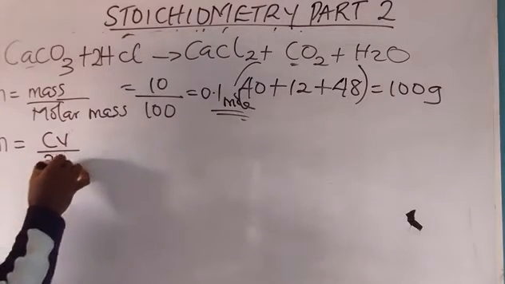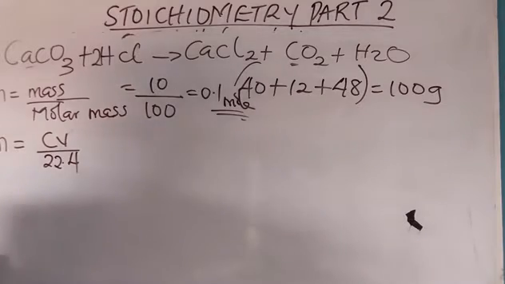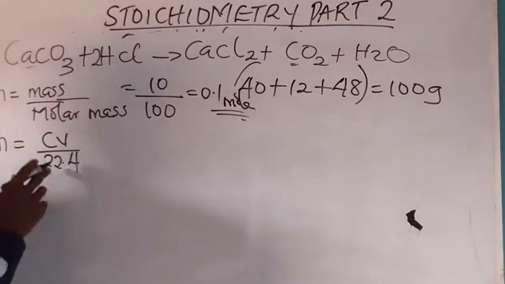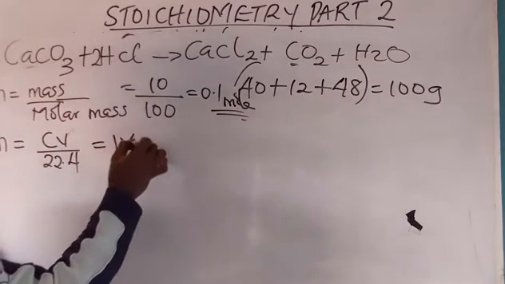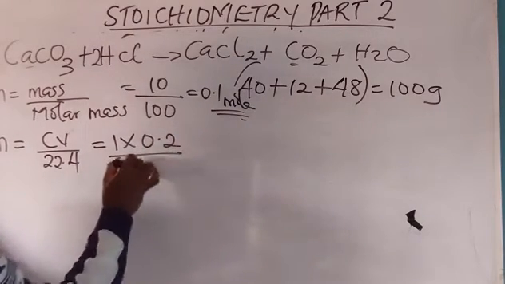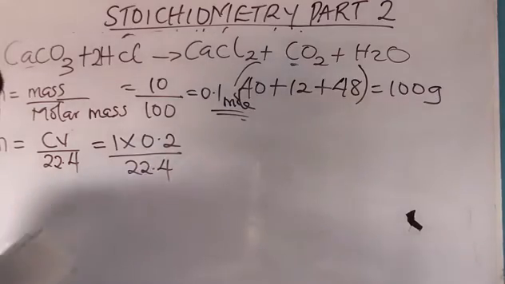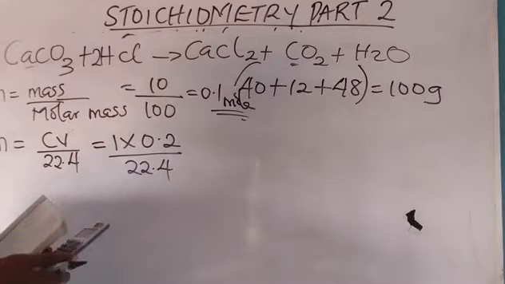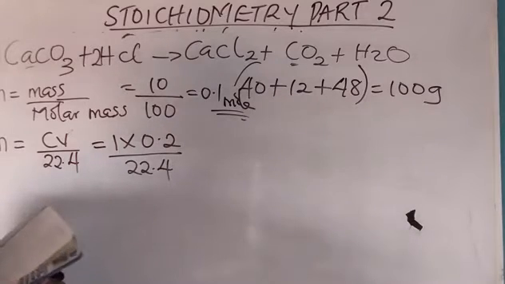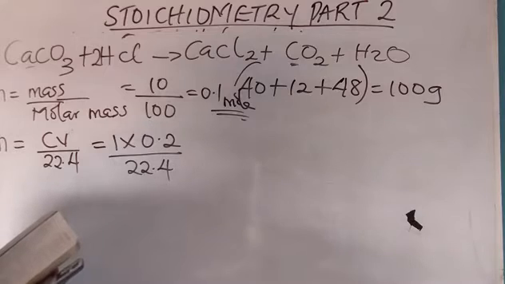So C from the question is 1, the volume is 0.2, divided by 22.4.